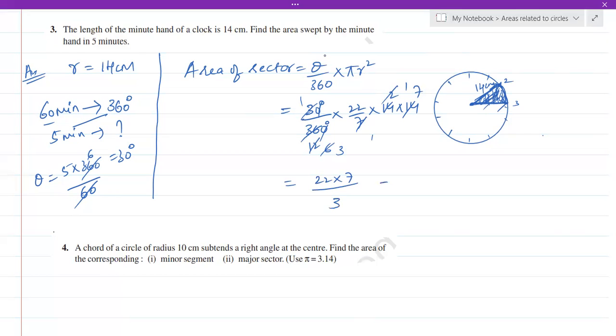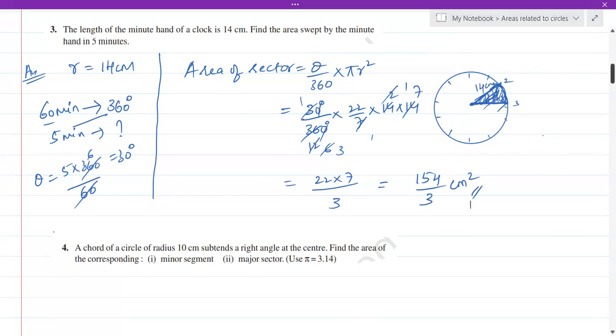In the denominator it is 3. 22 into 7 is 154 by 3, so 154 by 3 centimeters square. So this is the area that is swept by the minute hand in 5 minutes.